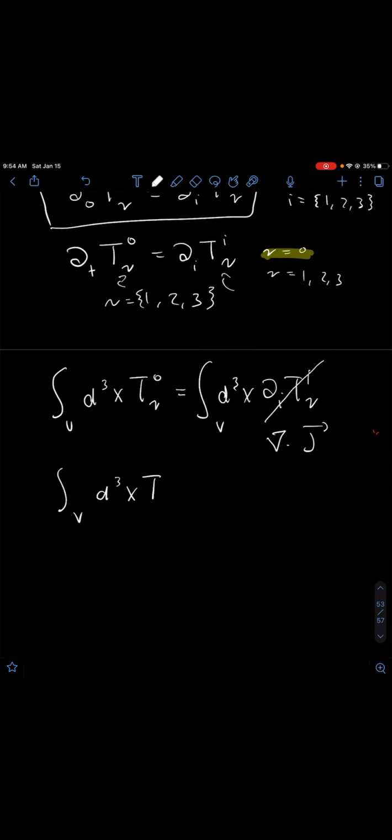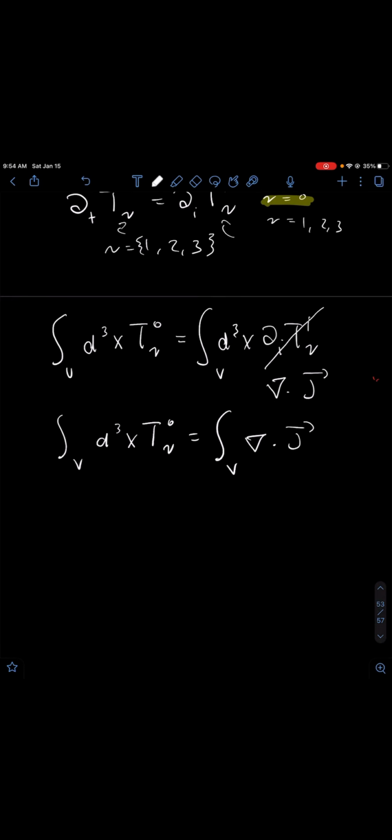So now we have this over here. Then we use the divergence theorem to state that this is just equal to the infinitesimal volume element v of the divergence. We're missing this over here. Let's just add that.